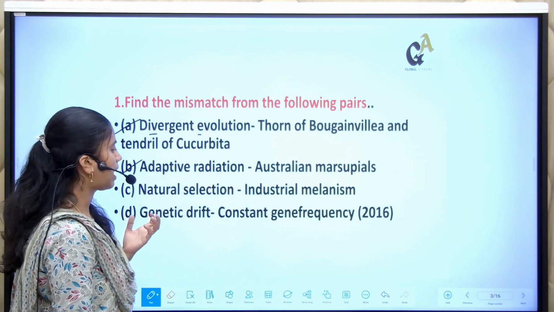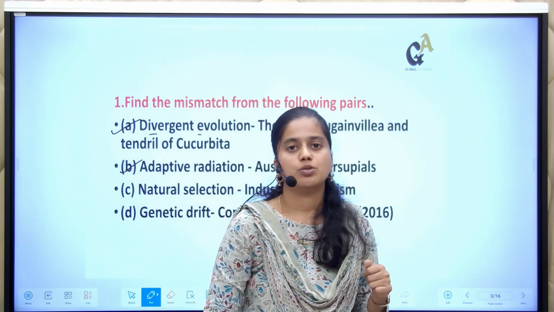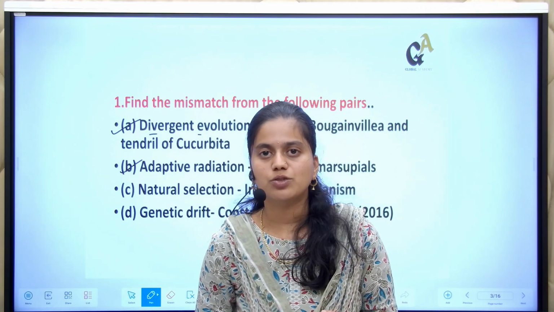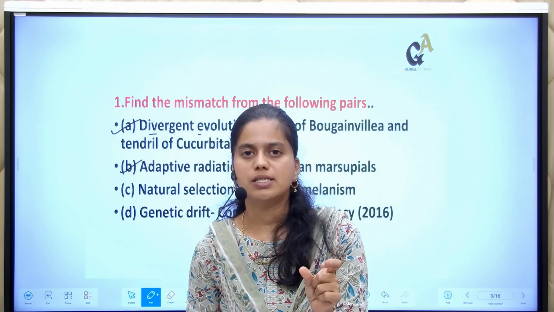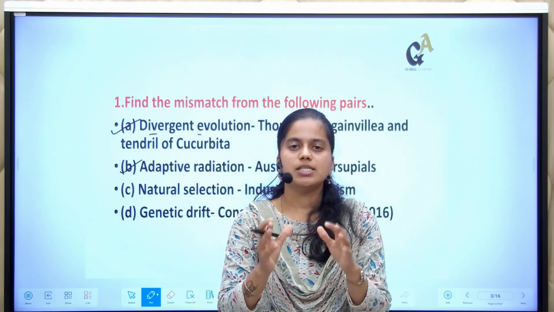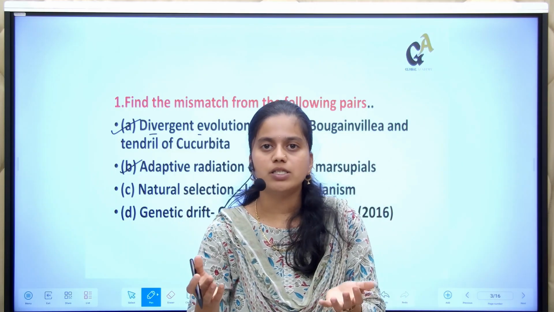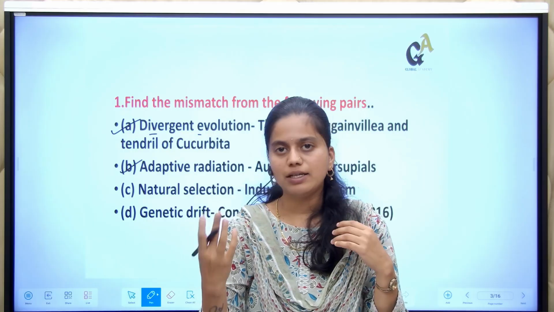Option C, natural selection, that is industrial melanism. In order to study natural selection, they studied the moth that was present in England. Do you remember that short story? There was a completely green forest, but later on the green forest turned into an industrial area.